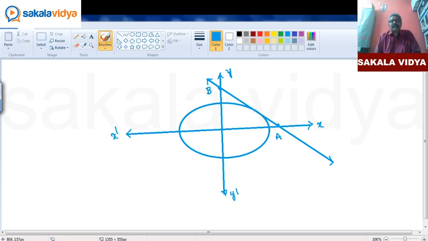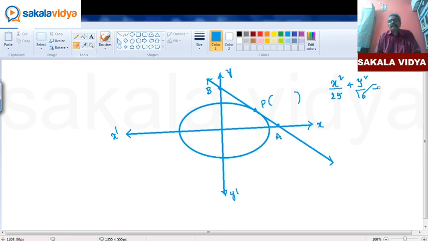Let us say this point is P. The equation of the curve is x square by 25 plus y square by 16 equals 1. This is the equation of the ellipse.